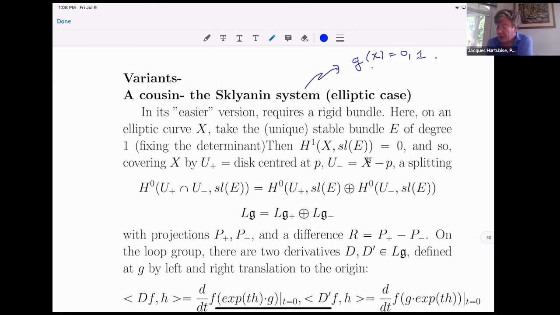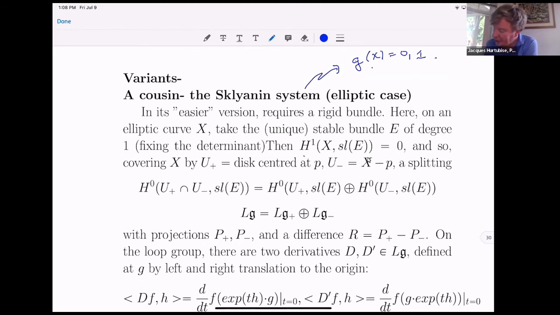So this means genus 0 in general, or in some cases elliptic curves if you fix the determinant. There's a more general version that comes out of work of Etingof that can use the fact that bundles on an elliptic curve all reduce to tori in some suitable sense, or on a nice big open set, and use that version too. But for a moment here we've got this story.